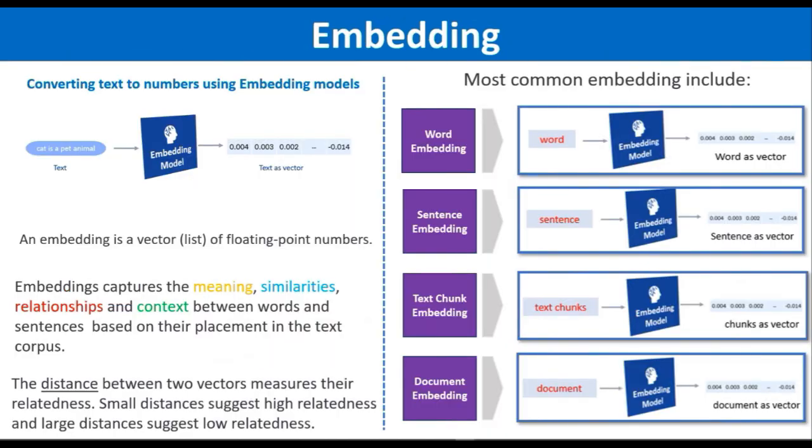All right. Now that we have learned the concept of chunking, chunk overlap, and the token limit, it is the right time to also learn the embedding concepts. Embeddings are a powerful representation of textual data in numerical format that captures the meaning, the similarities, the relationships, and the context between words and sentences based on their placement in the text corpus. On the left-hand side, you can see converting text to numbers using embedding models.